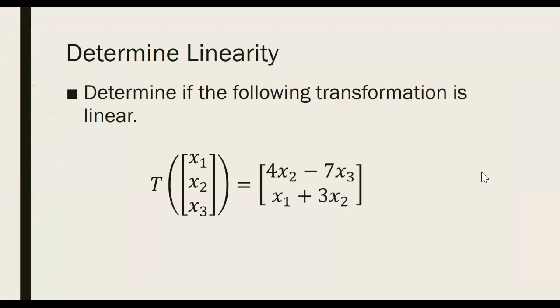Now, I want you to see if this next transformation is a linear transformation or not. Okay. It's a little bit messier.